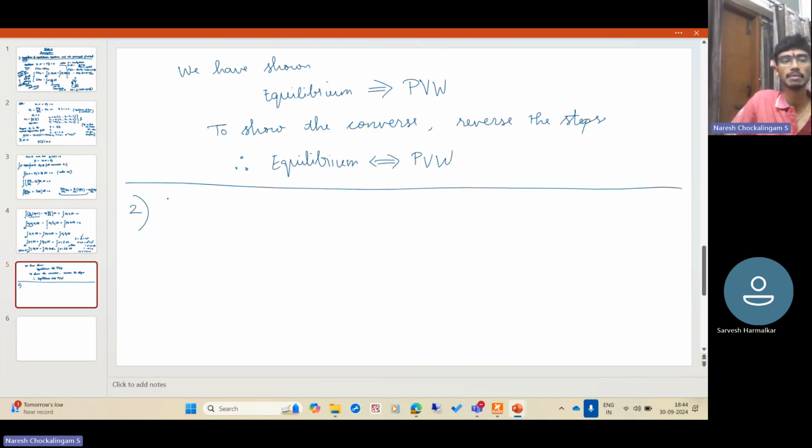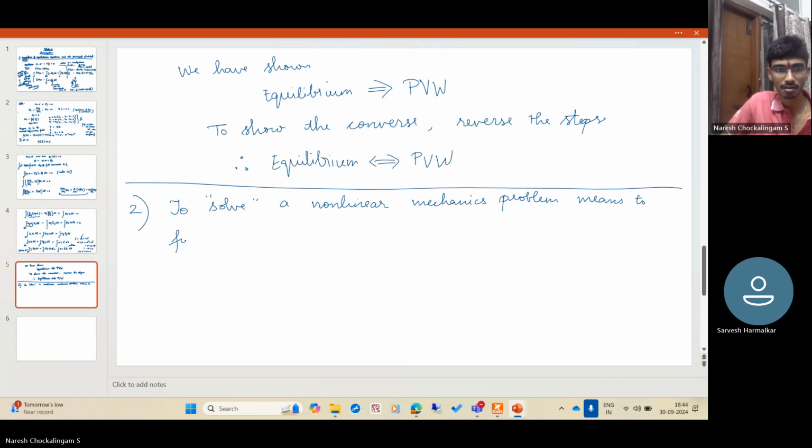To solve any problem in mechanics, to solve a nonlinear mechanics problem, means to find the deformation x equal to phi of X and t.